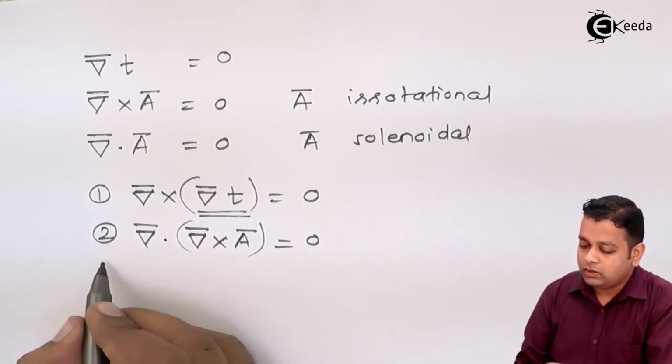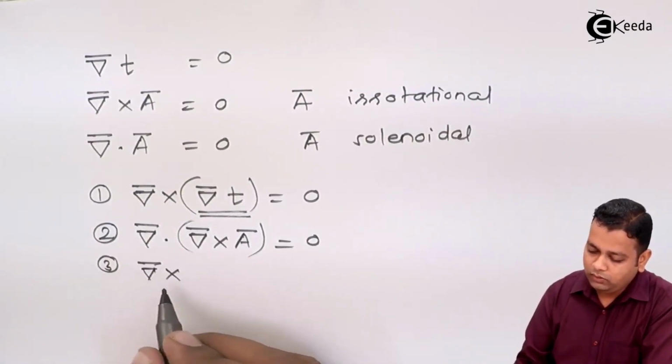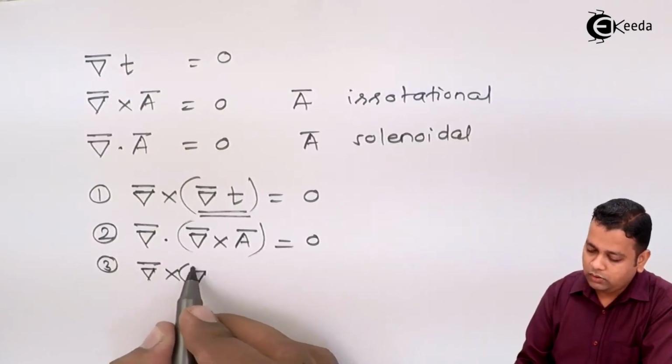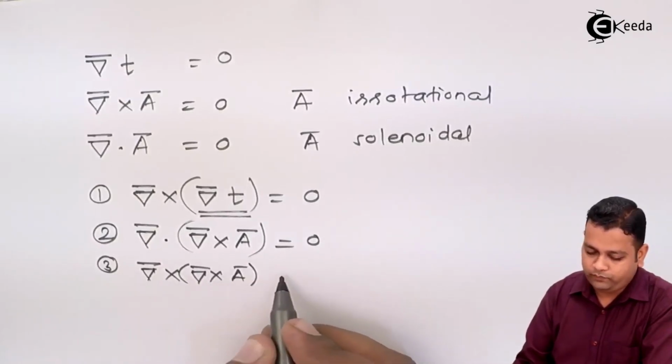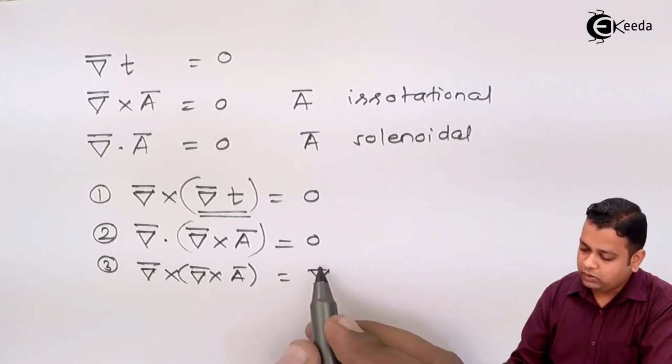So similarly, considering such facts, we have del bar cross of del bar cross of A. We know the formula for cross product.